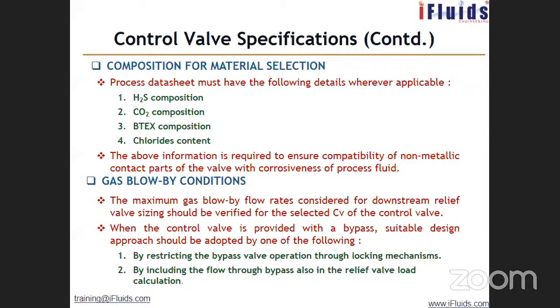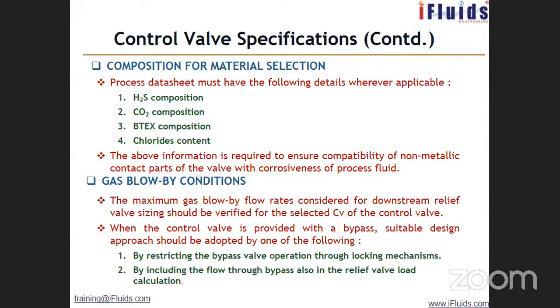Gas blow-by, I just now told, maximum gas blow-by flow rates considered for downstream relief valve sizing should be verified for a selected flow coefficient of the control valve. When a control valve is provided with a bypass, suitable design approach should be adopted.